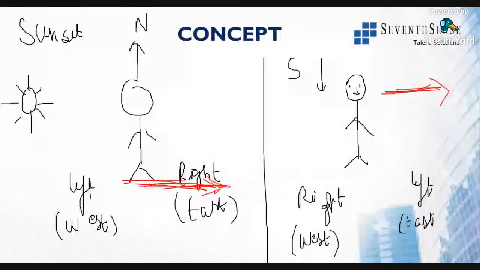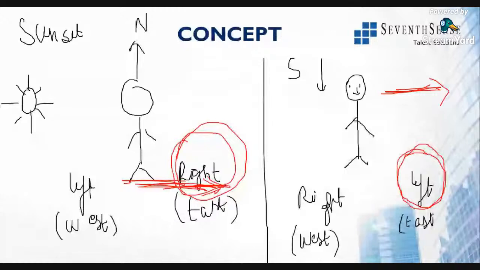All right. But accordingly, which side? If it is west, if you are looking at north, it will be to your right side. All right. Always don't confuse here. Don't confuse yourself there. If you are looking at south, it will be west side. That is your left. Sorry, not west, east. That is your left.